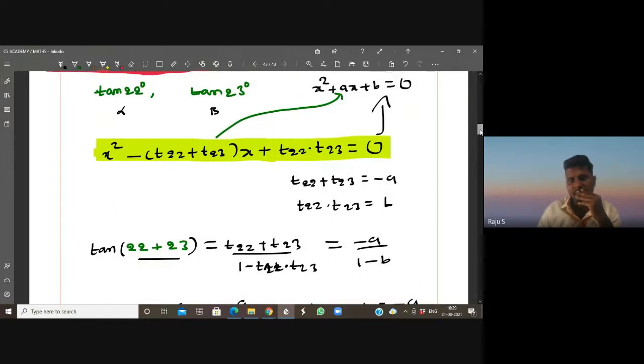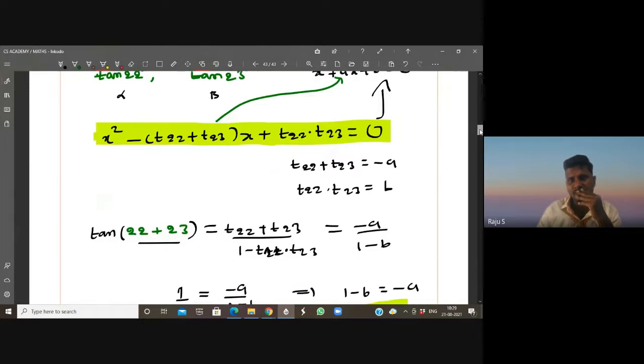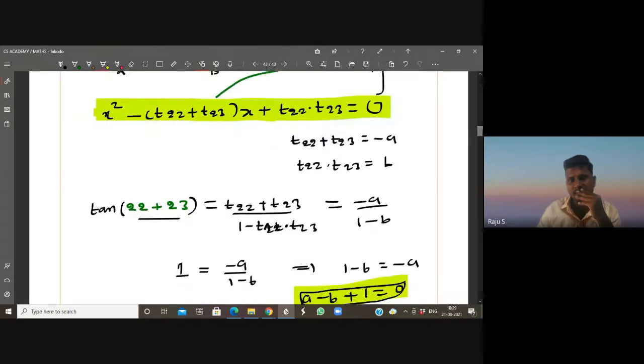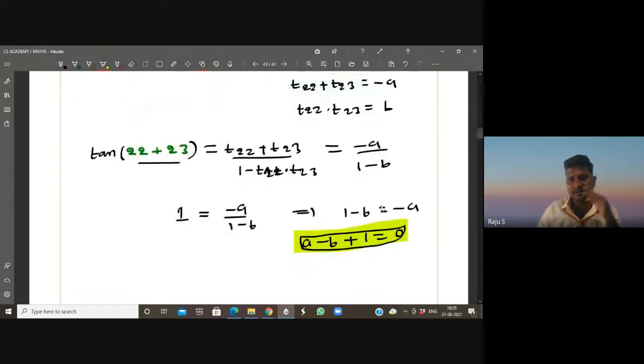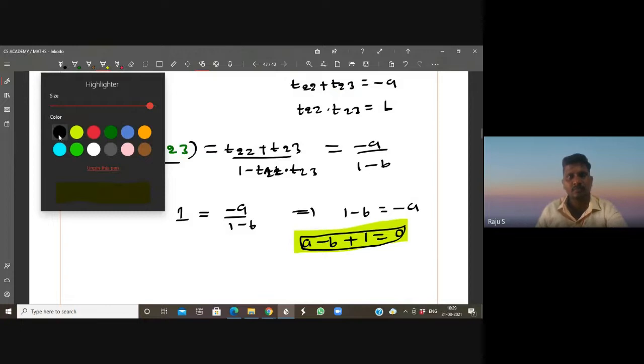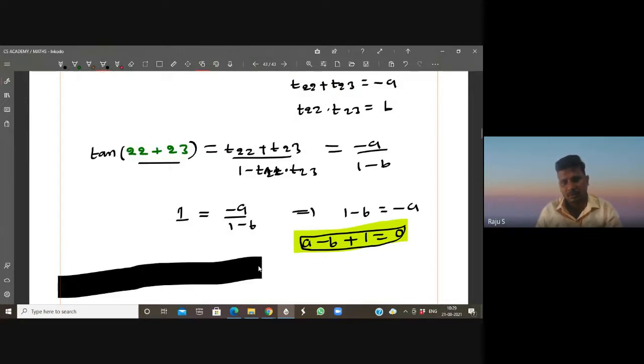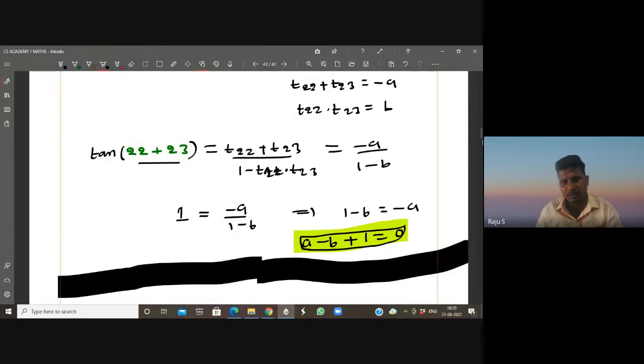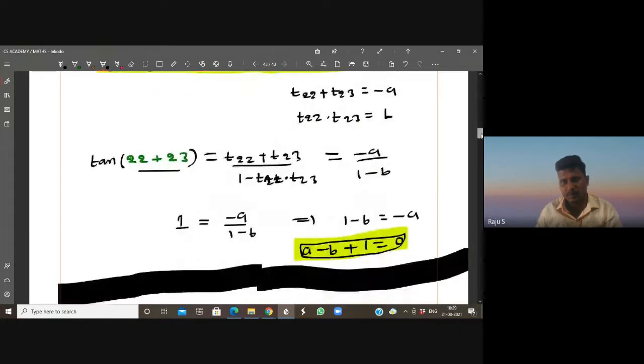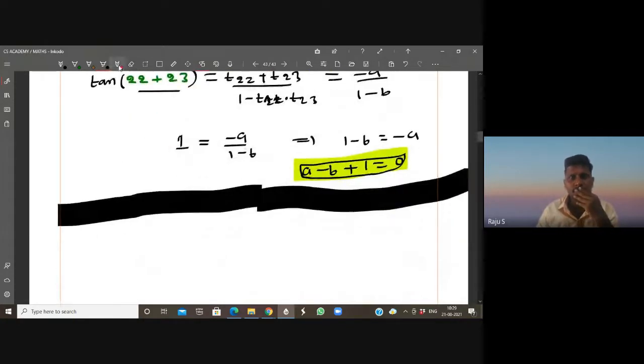Then 22 plus 23 is equal to 45. I applied the tan (a plus b) formula, tan a plus tan b by 1 minus tan a tan b. That's it. Got it? The next question.